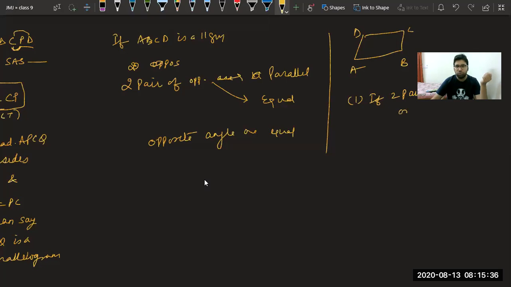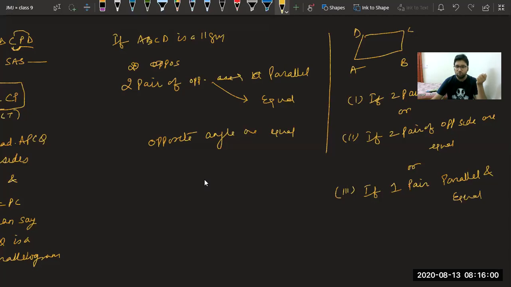Or if two pair of opposite sides are equal, then also it is a parallelogram. Or third, if you are able to prove one pair parallel and equal, then also it is a parallelogram.